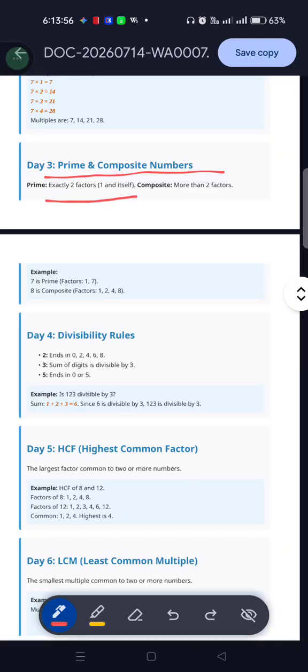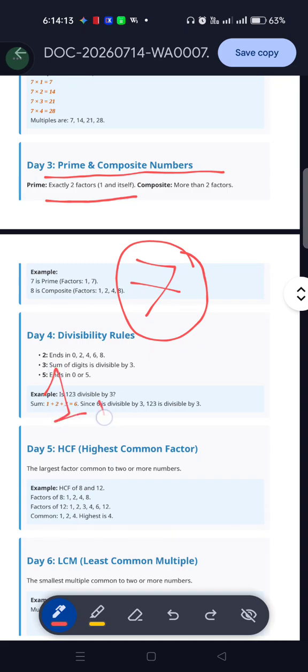So we will take one number, that is 7. We can see here that 7 is divisible by 1 and 7, so it is a prime number. In Hindi you can say that 7 सिर्फ 1 और 7 से डिवाइड हो सकता है. So it is a prime number.